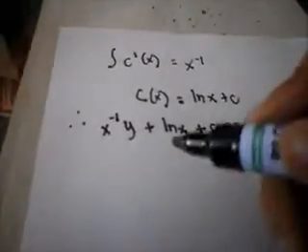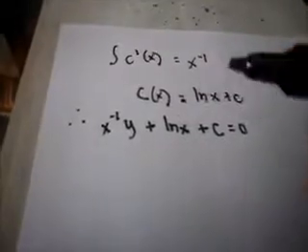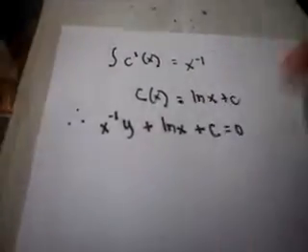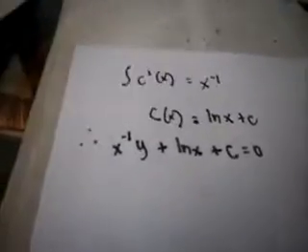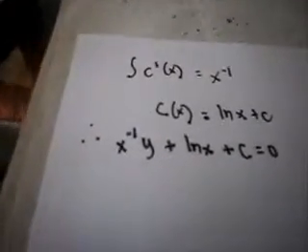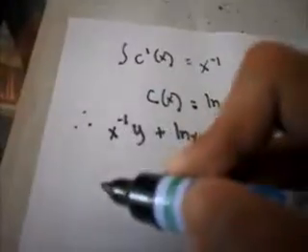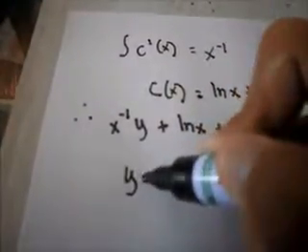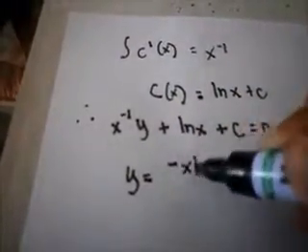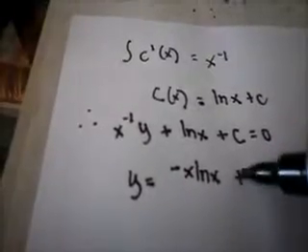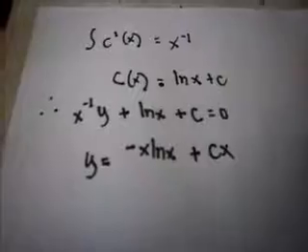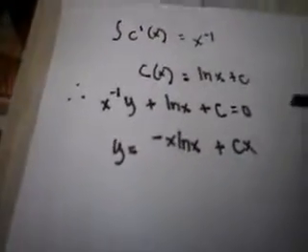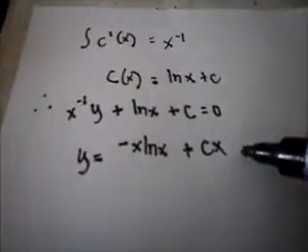If we simplify this equation, with y on the left hand side and only x on the right hand side, we get y equals negative x ln of x plus cx. So we have now our final answer.